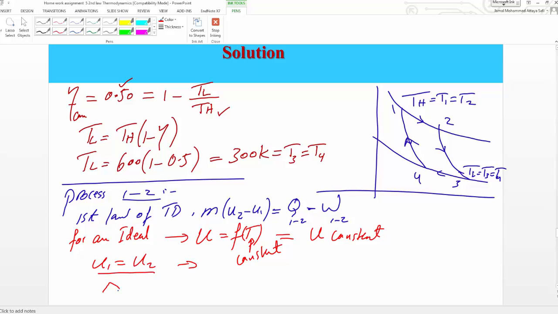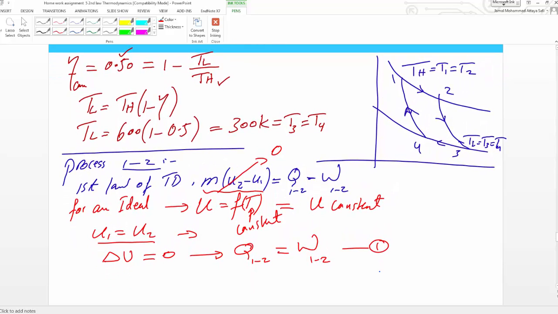That also means that delta U, the change in internal energy, is equal to 0, and that reduces the first law of thermodynamics to the heat added being equal to the work done by the system, if we are talking about an isothermal expansion from 1 to 2.